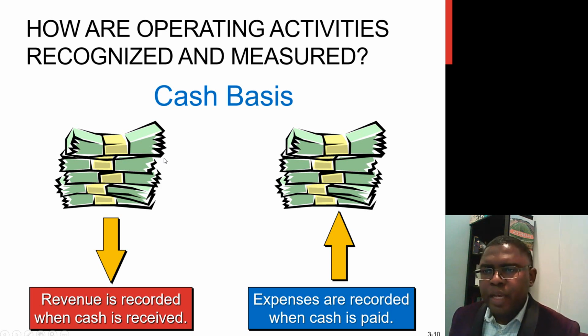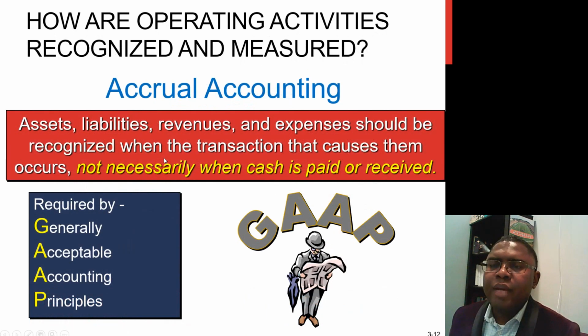In accounting, we actually do not work based on the cash basis. We recognize revenue and expenditure based on what we call accrual accounting. With accrual, assets, liabilities, revenue, and expenses should be recognized when the transaction that caused them occurs, not necessarily when cash is paid or received.